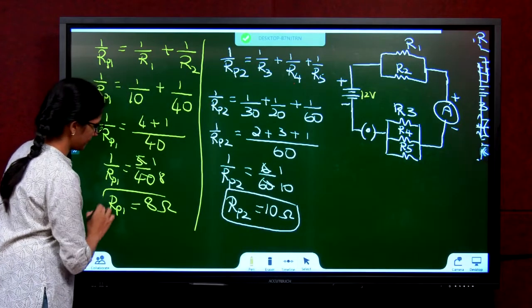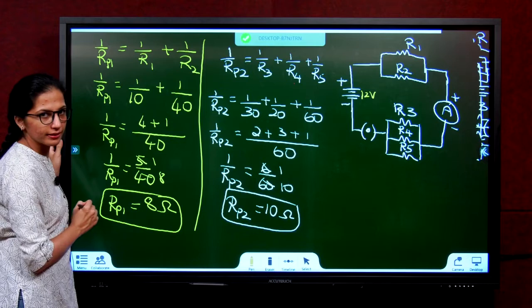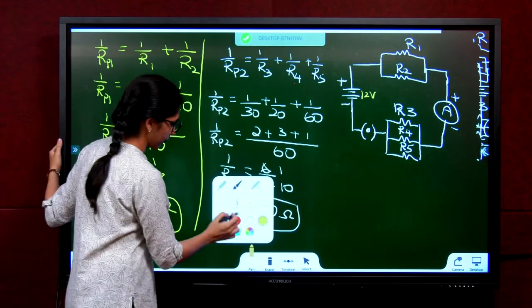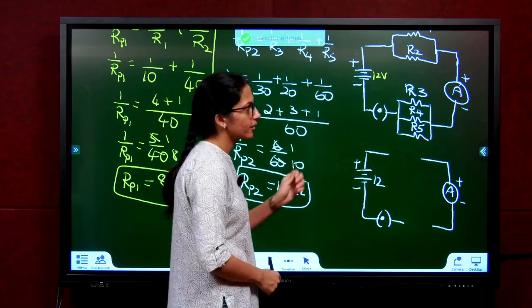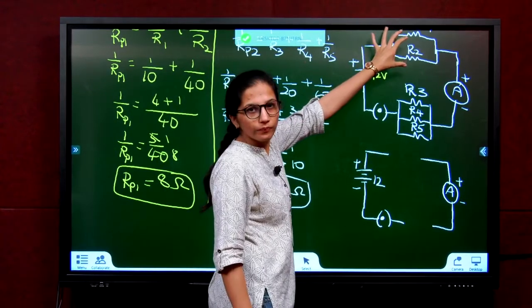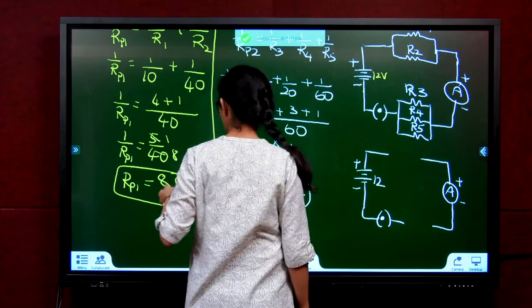Here we got RP1 as 8 ohms. So now what will happen to the circuit? Carefully observe. This R1, R2 is there, no? We have found out their combination value, RP1, 8 ohm.